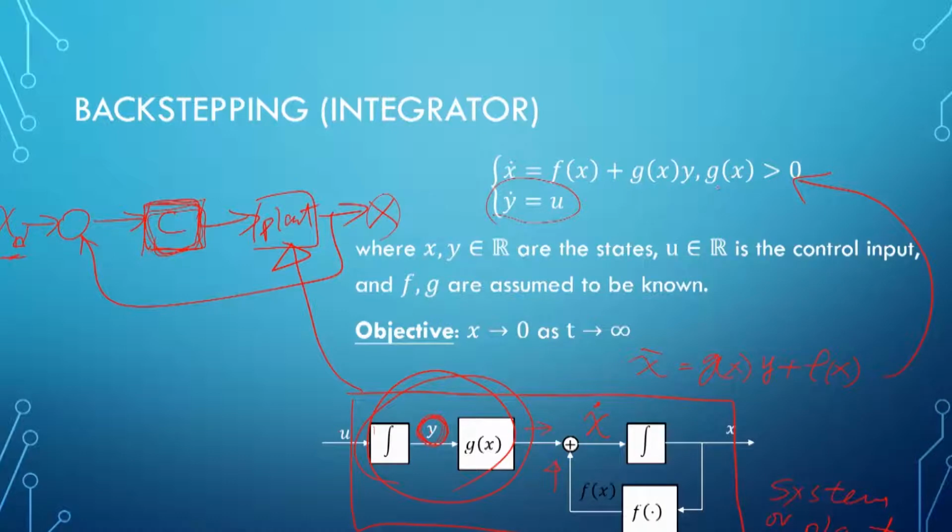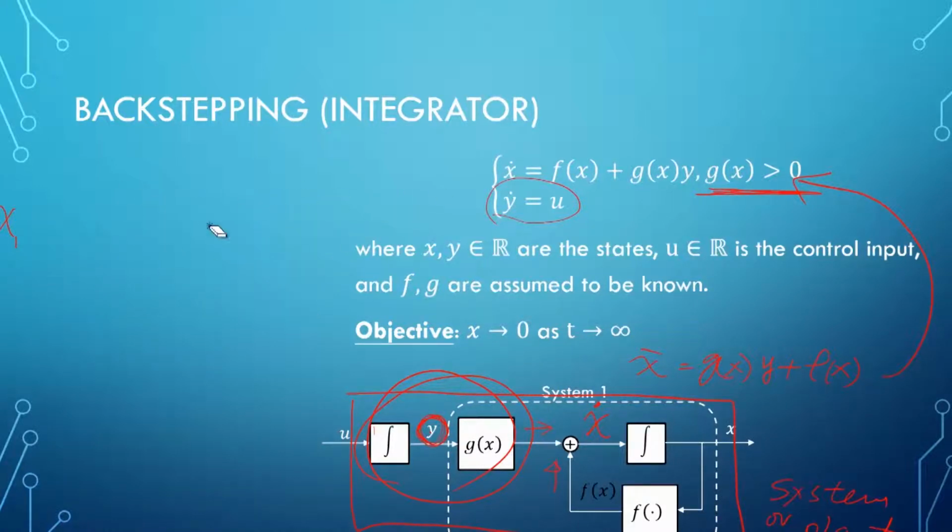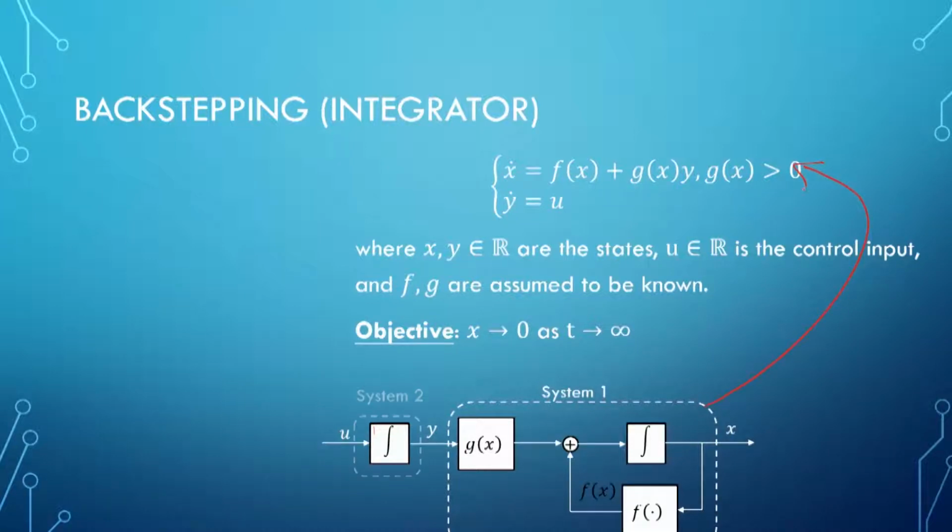And here we assume gx is greater than 0. Okay. So this is system 1. System 1 is the first equation. System 2 is the second equation.